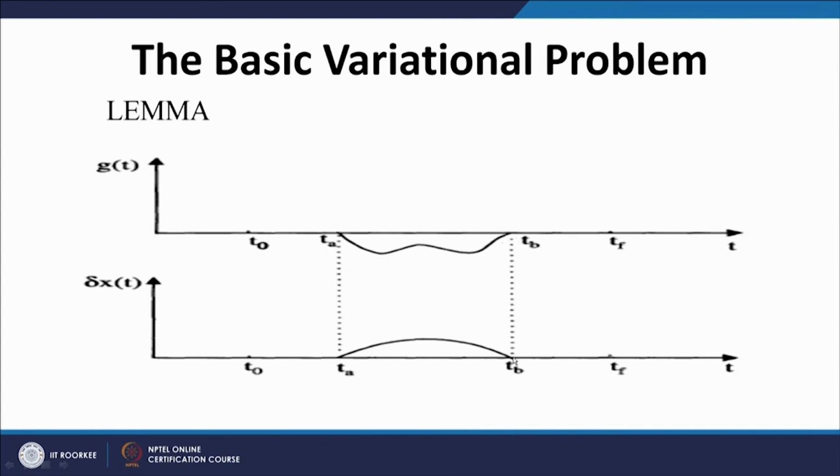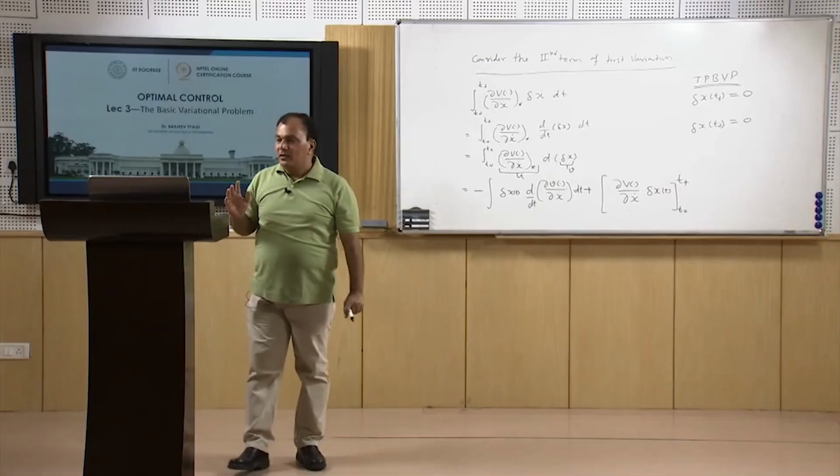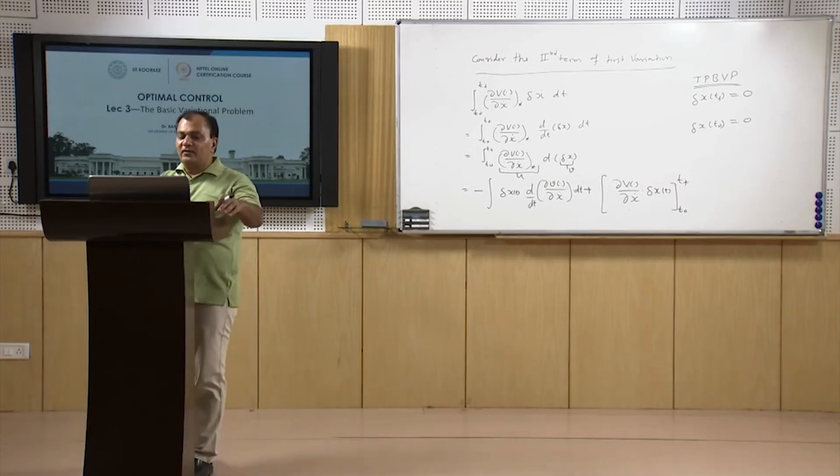If g t is not 0, then during this interval the product of g t and delta x t dt must be 0, that is not true. So, this is contradicting my assumption.